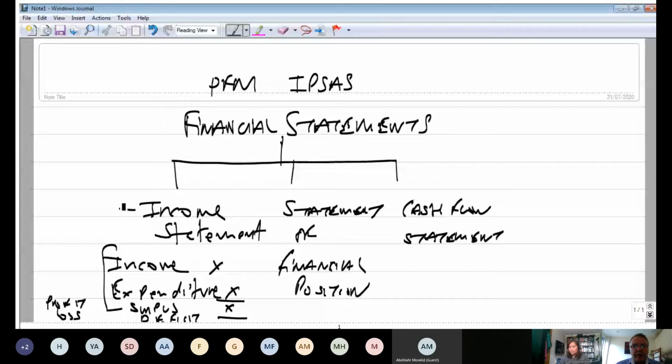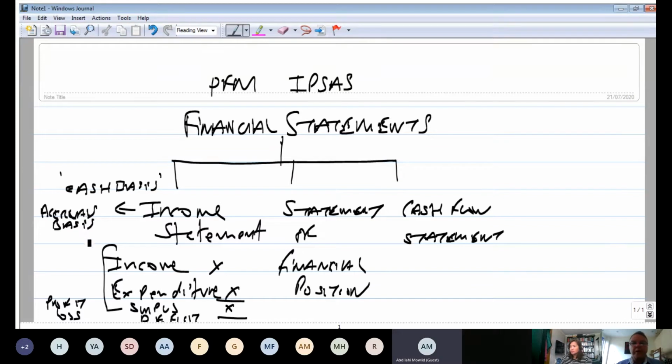Now, at the moment, your income statement is produced on the cash basis. And that's what we're discussing here about your standard: when cash is received and when cash is paid. But what we're working towards with the IPSAS standard is producing it on the accruals basis.